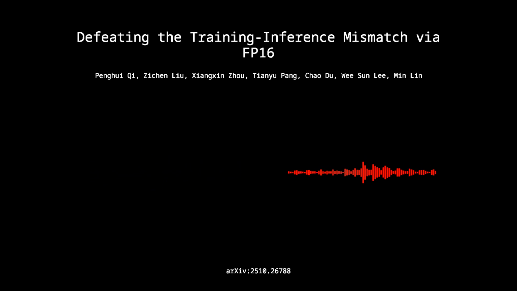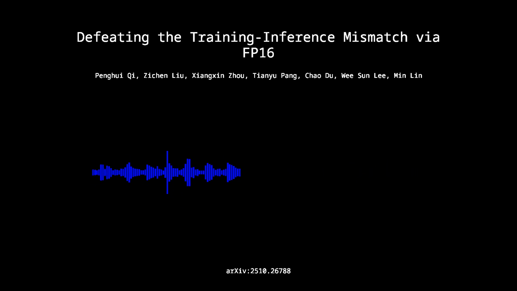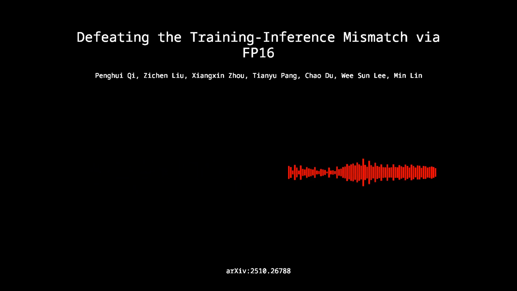So if we synthesize all of this, the central conclusion for RL practitioners seems pretty definitive. It is. The instability in LLM RL fine-tuning is fundamentally a numerical precision problem caused by BF16's low fidelity. It is not a flaw in the RL algorithms themselves. And FP16 resolves this core training-inference mismatch far more efficiently and robustly than any complex, expensive algorithmic patch ever could.